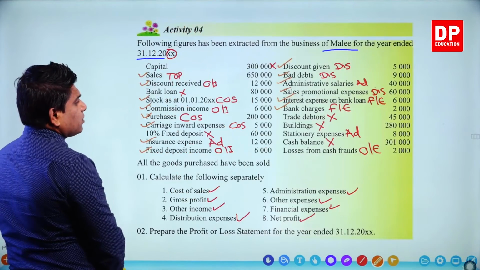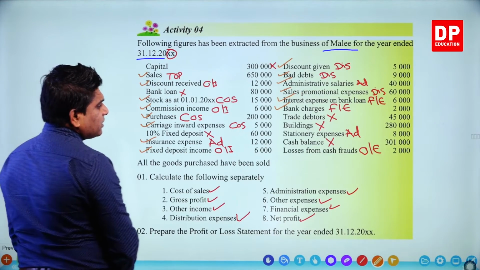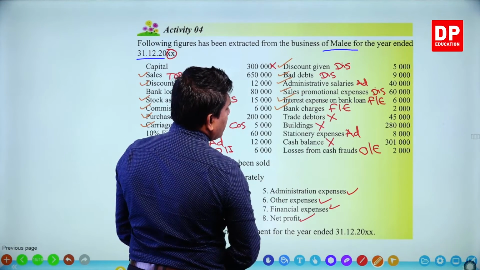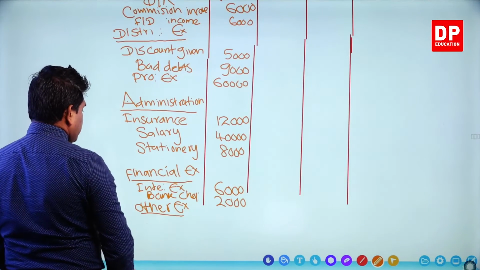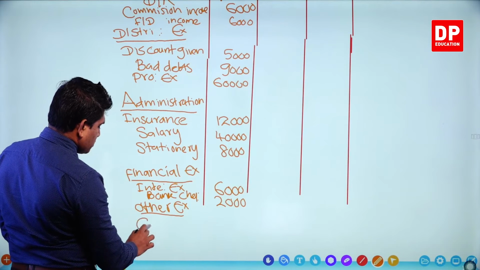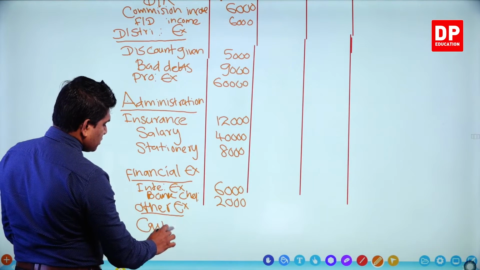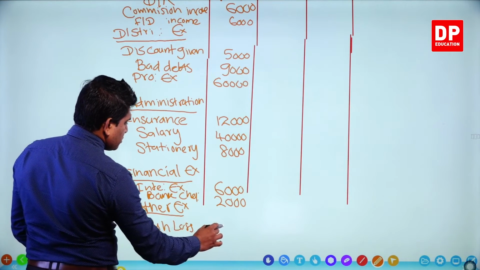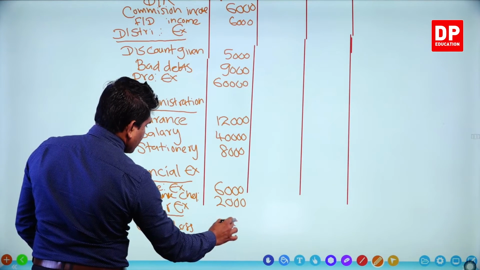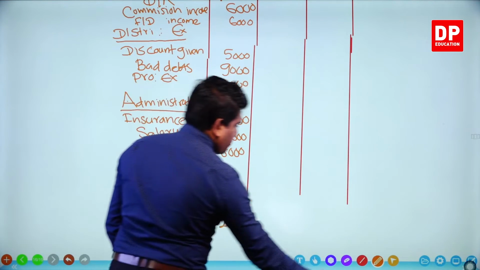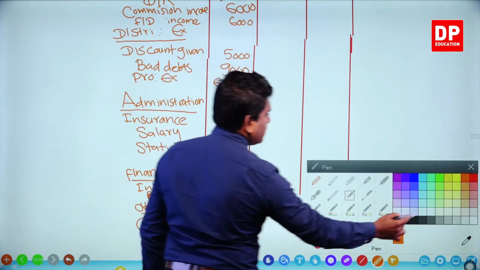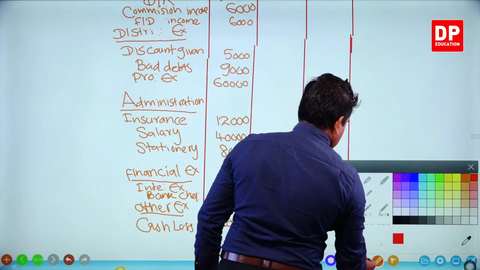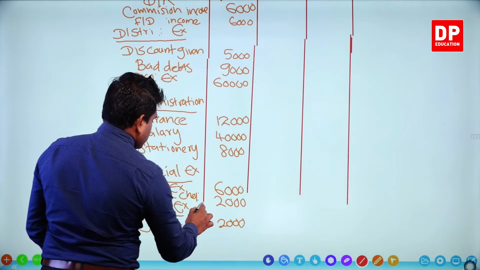Cash balance, finally losses from cash frauds 2,000. Cash loss 2,000. Remember, we have to expand the format here.